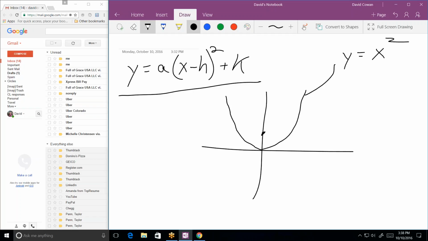And that is that there is some point right there that every point on that parabola is the same distance to that point as it is from an imaginary line called the directrix. What I mean by that is that that distance is the same as that distance. This distance is the same as this distance.